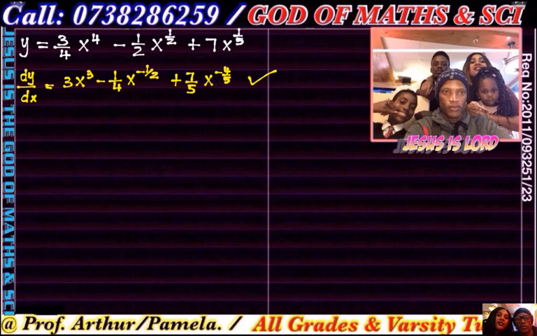You understand? But listen to me. Sometimes the question says, leave the exponent, the powers, with a positive sign. Leave the exponents with positive. Leave your answer with positive exponents. That means you need to change this one. So you leave it with positive.